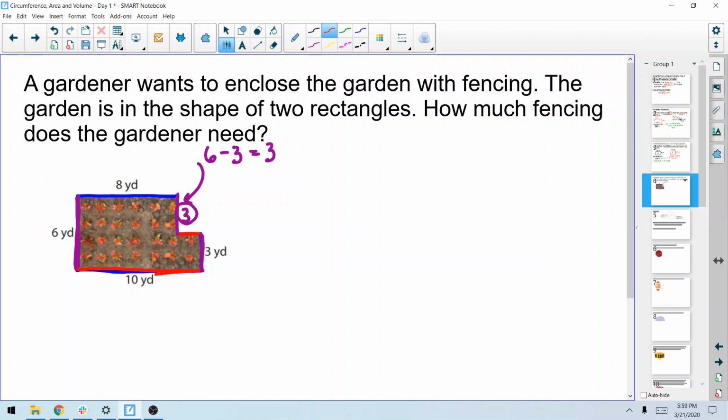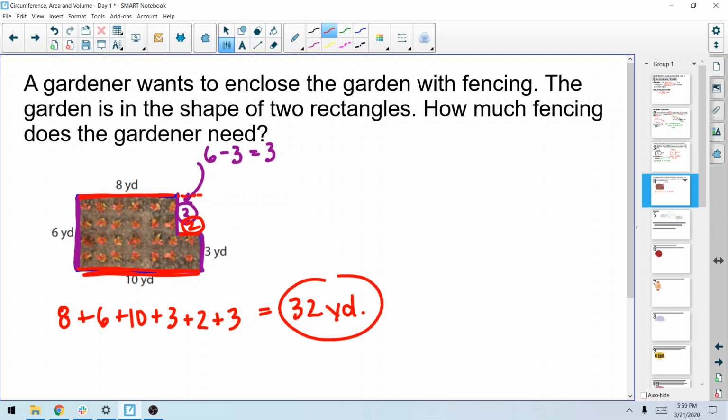Whole horizontal is 10, top horizontal is 8. If I've got 8 and I'm trying to get to 10, I need 2 more, so that part's got to be 2. Now, for all of my fencing, I take 8 plus 6 plus 10 plus 3 plus 2 plus 3, and I add those up, which gets me 32 yards of fencing.